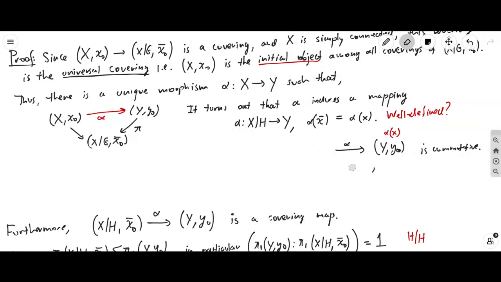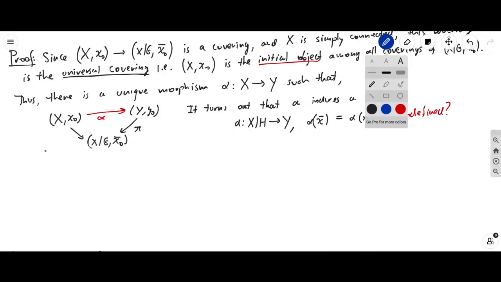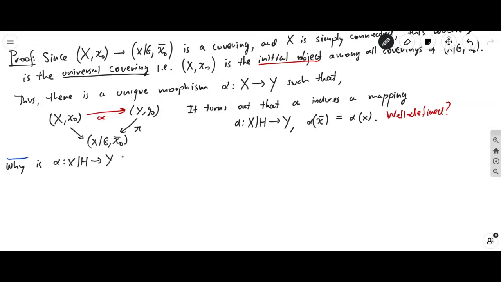So let's take all of this away and now focus on the other detail, showing why alpha is well defined. So the question is, why is alpha from the quotient this time well defined?